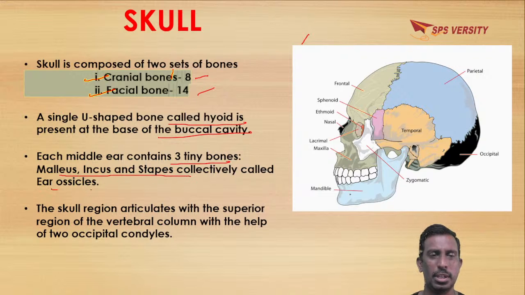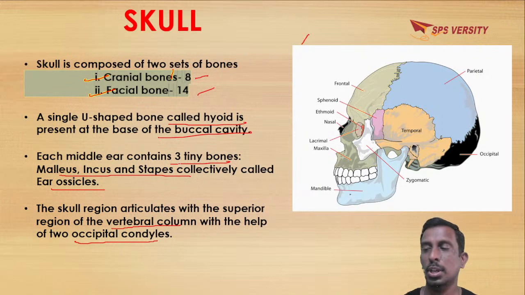Collectively they are called ear ossicles. So the skull will join with the superior region of the vertebral column with the help of 2 occipital condyles.